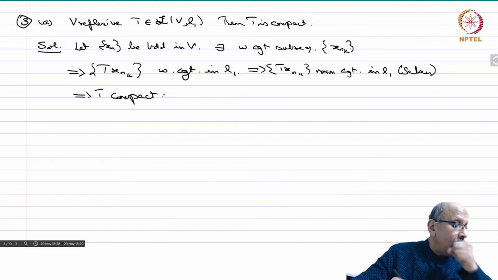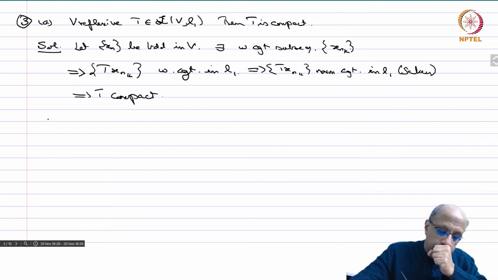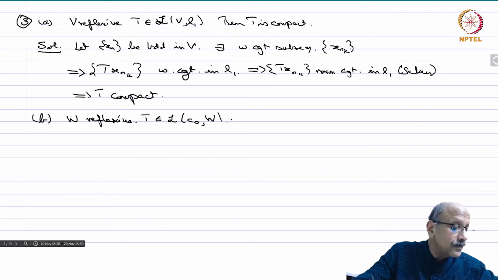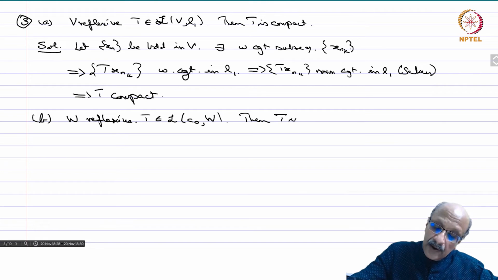Okay. B: W reflexive, T belongs to L(c0,W), then T is compact. So solution.